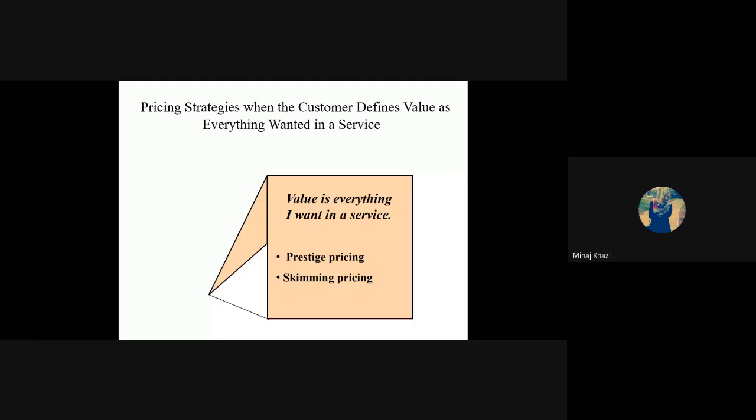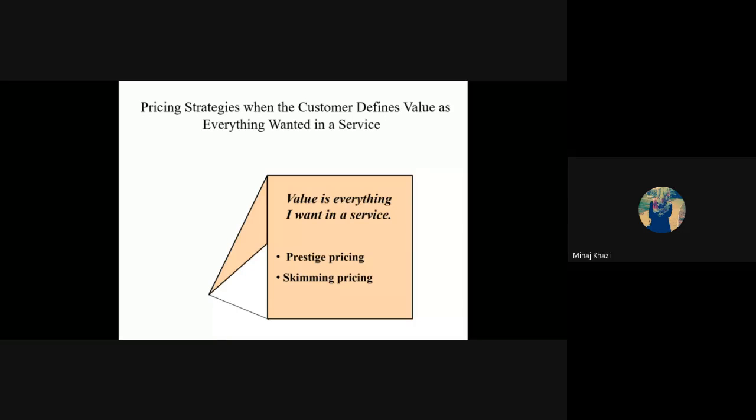So value is everything I want in a service. There are two kinds of pricing strategies. First is prestige pricing, and the second one is price skimming or skimming pricing. First one, prestige pricing. So what do you mean by prestige pricing?